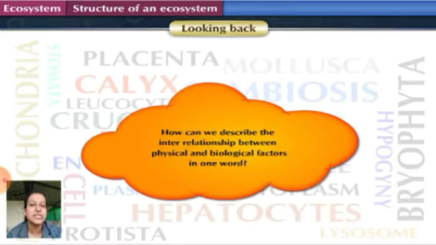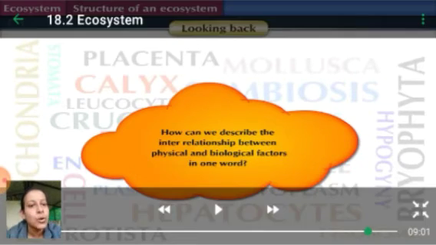You have learned about air, water, soil, all these are components, all these are physical factors, and biological factors like biotic factors, plants, animals, decomposers, consumers, producers, all these are called biological factors. So how can we describe the interrelationship between the physical and the biological factors in one word?